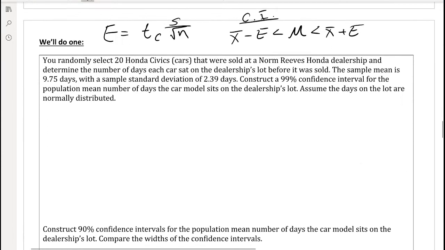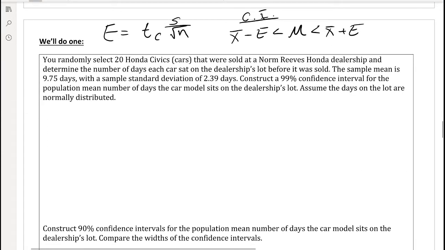Today let's start off by doing another example. You randomly select 12 Honda Civics that were sold at Norm Reeves Honda dealership and determine the number of days each car sat on the dealership's lot before it was sold. The sample mean is 9.75 days, and the sample standard deviation is 2.39 days.